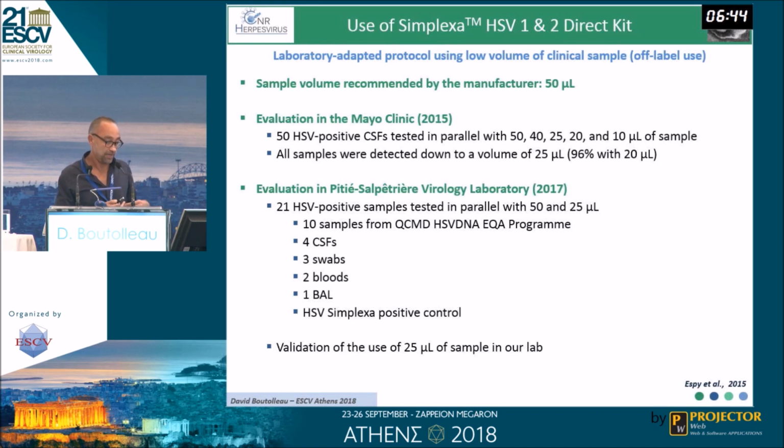We tested in parallel 21 HSV-positive samples with 50 microliters or 25 microliters. As you can see here, we tested the QCMD samples, CSF, swabs, blood, bronchoalveolar fluids, and of course the HSV Simplexa positive control, and we could validate the use of 25 microliters of samples in our lab. Of course, it's an off-label use.